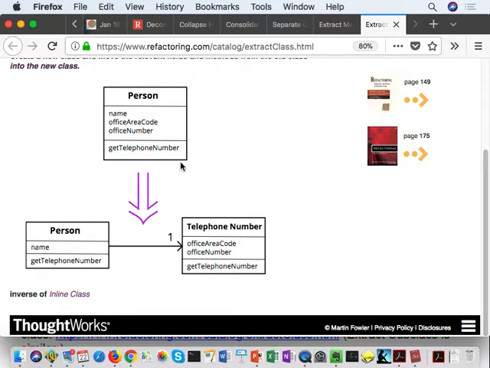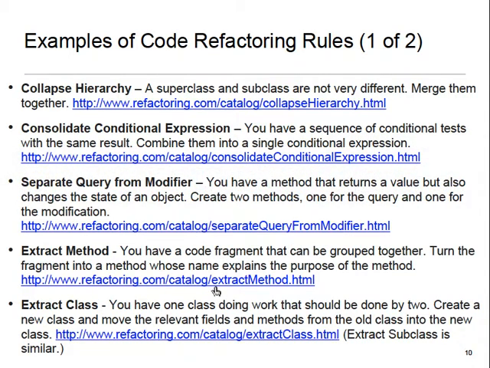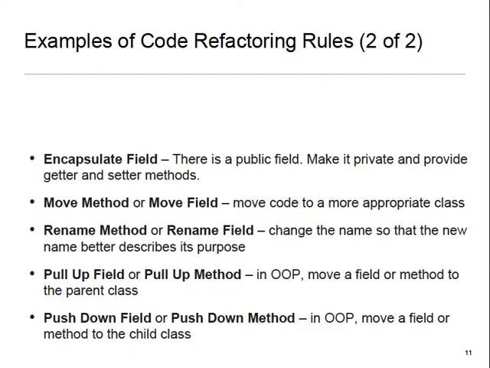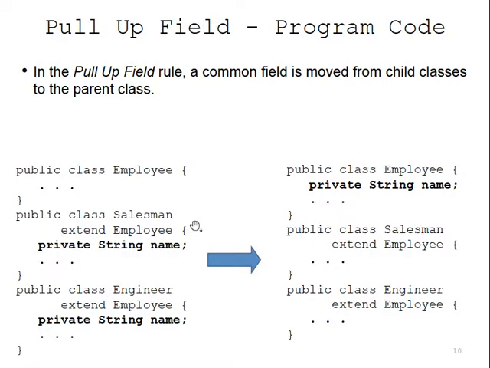So instead of making phone number a simple field, you can make it into an object. These are other code refactoring rules, some of which we will look at here.